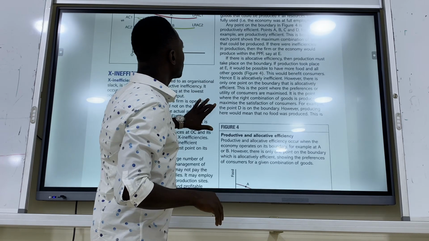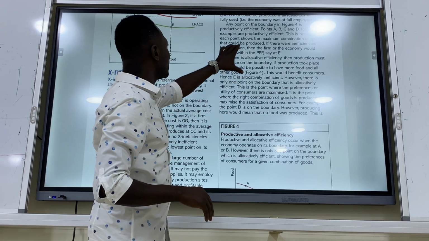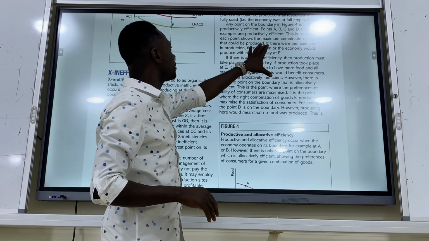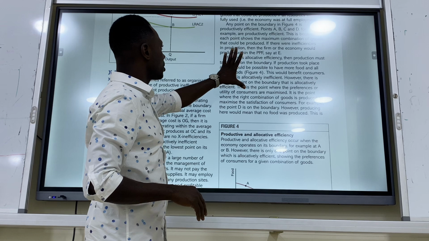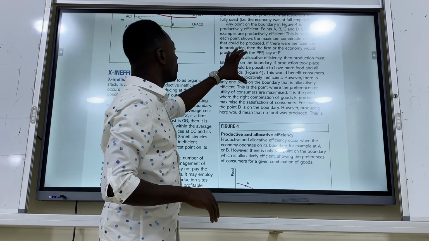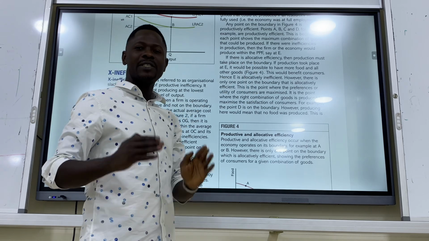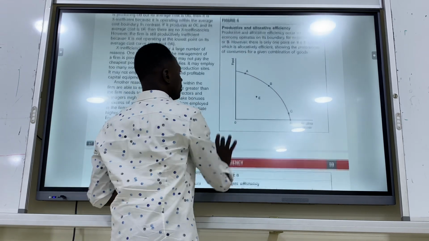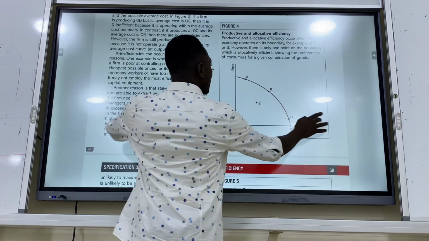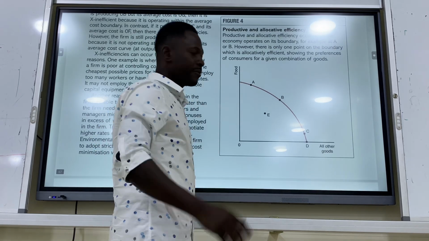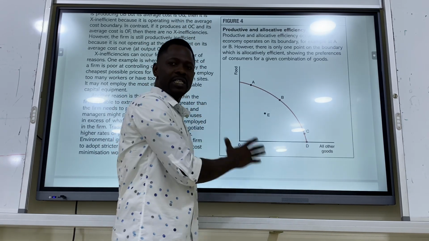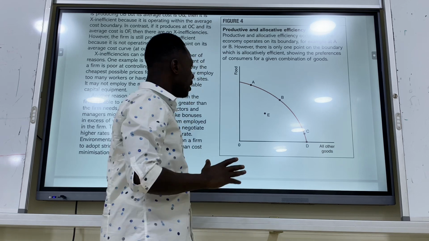Why? Because each point shows the maximum combination of goods that could be produced. So if there were inefficiencies in production, then the firm or the economy would be producing within the PPF, say at E. So go back here. Because we're talking about efficiency and the PPF, this is a production possibility frontier graph.